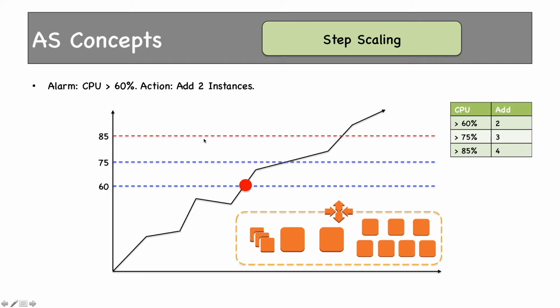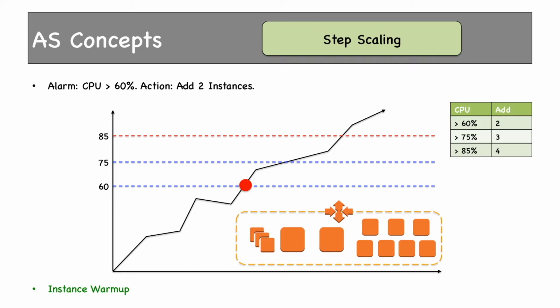I cannot show you the exact demo because I cannot hog a CPU with specific 60%, 75% and 85% usage. But let me show you how to set up step scaling. But before going ahead with the demo, let me discuss instance warm-up. We already know about instance cooldown period, during which the scaling activity halts.